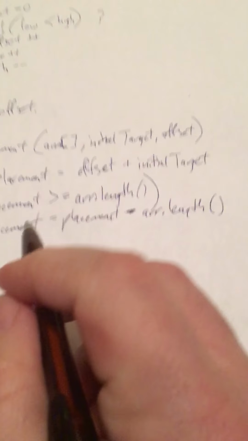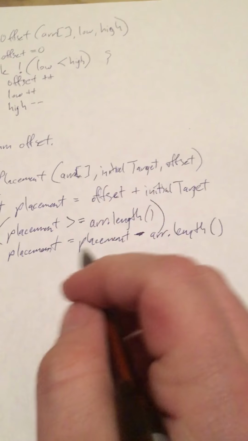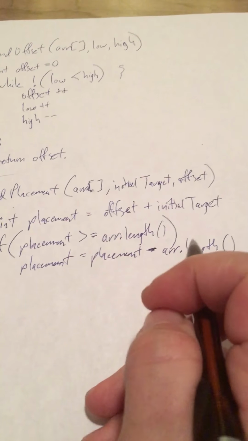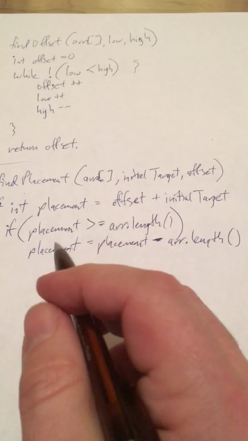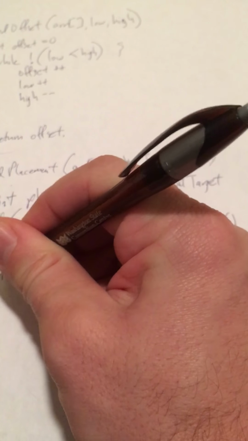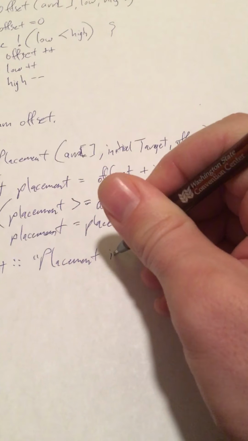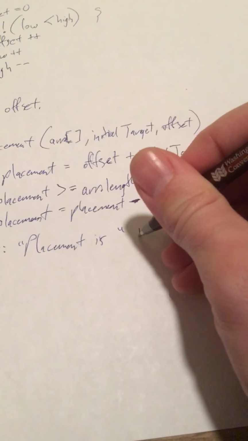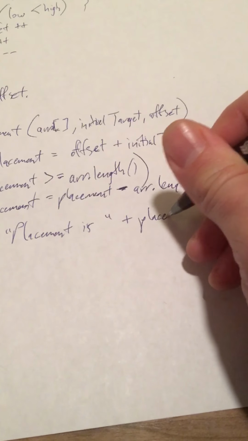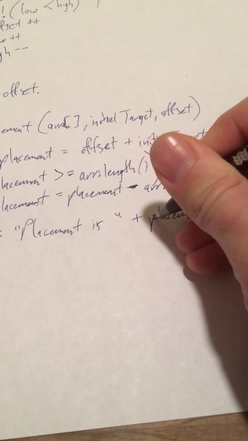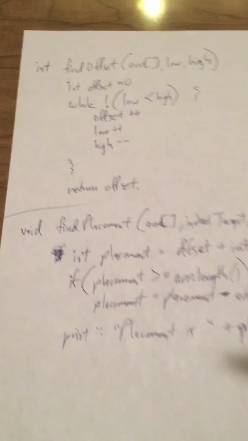So if it's greater than or equal, then we have to modify placement. We have to subtract the array length from it. If not, then we just leave placement as placement, and then we can print out placement is placement. There we go.